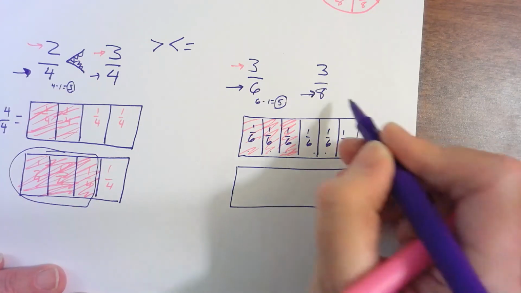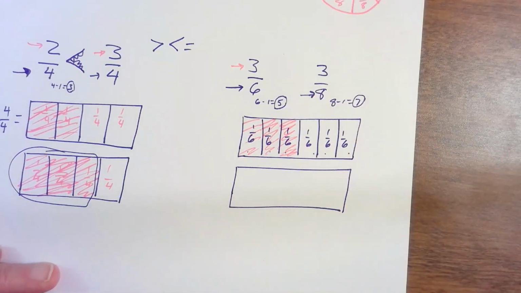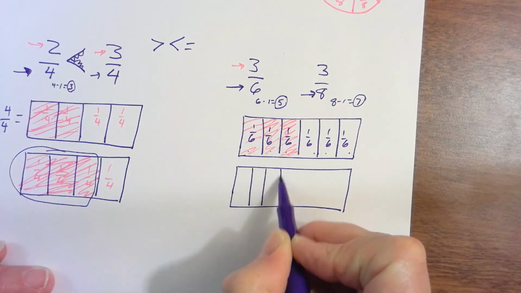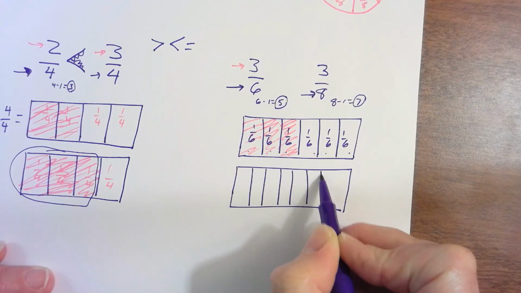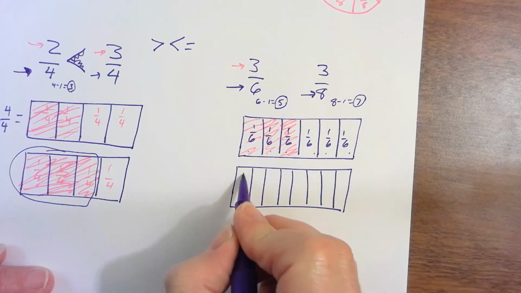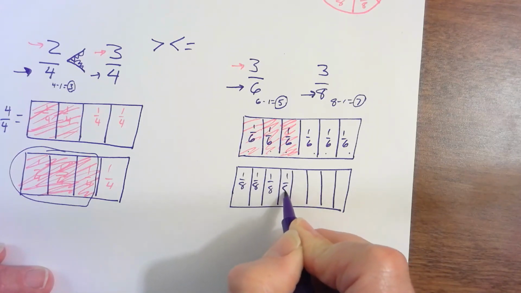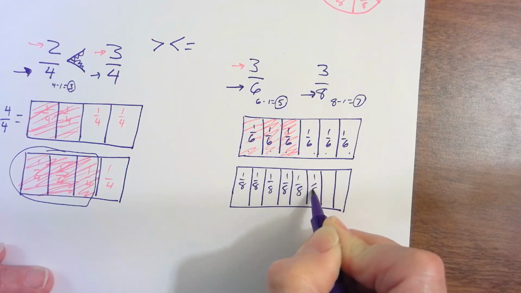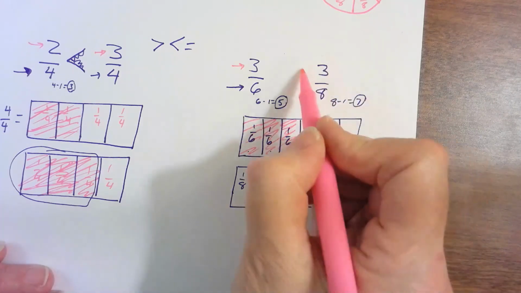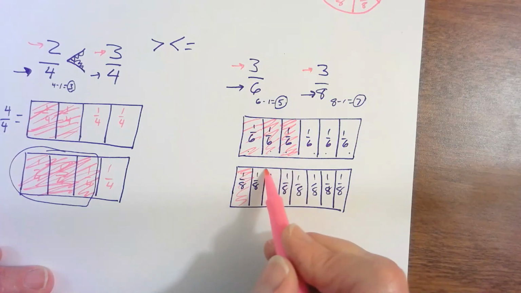So remember, if you take 8, take away 1 equals 7, then I know I have to divide my rectangle with 7 lines. 1, 2, 3, 4, 5, 6, 7. 7 lines right there. Okay, so this is worth 1/8. All the way down, 1/8. Okay, and they're asking us to shade in 3/8.